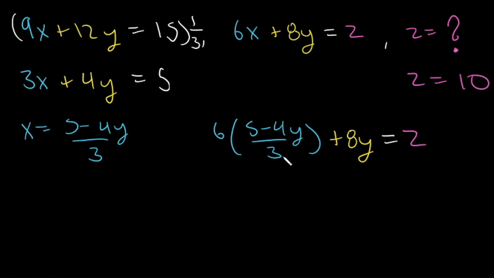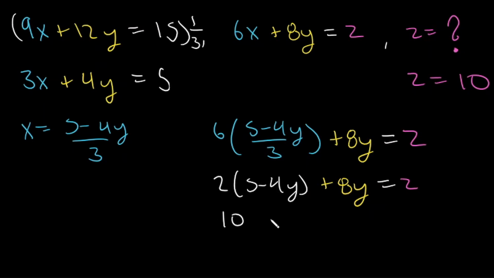Let's start by simplifying the numbers here. 6 divided by 3 is going to be 2, so we're going to have 2 times 5 minus 4y, and then we add 8y to that. Now 2 times 5 is 10, and 2 times negative 4y is negative 8y.